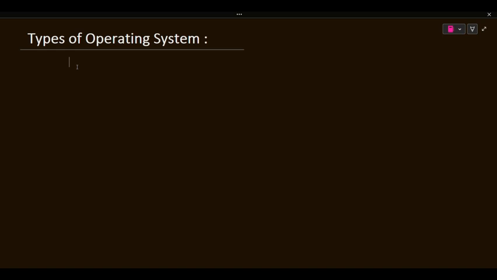For example, for laptops and personal computers we use in our daily life, convenience is the highest priority of the operating system. The system should be easily understandable by the user. The user should be able to use the functions of the operating system conveniently.